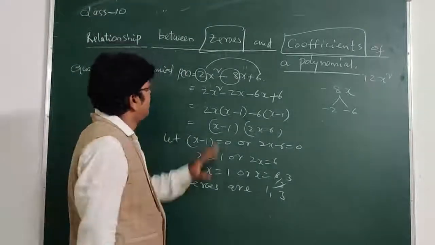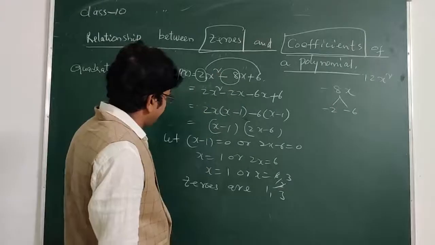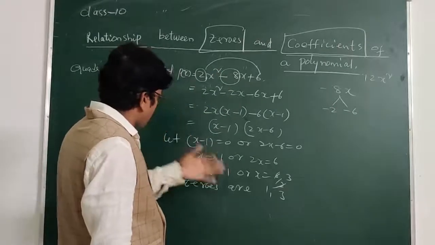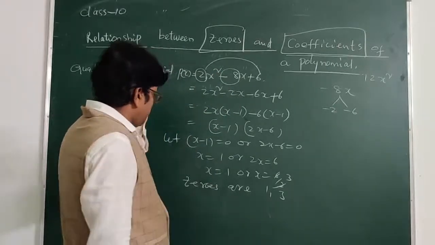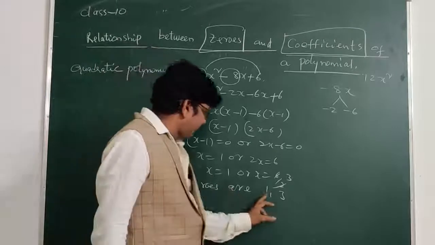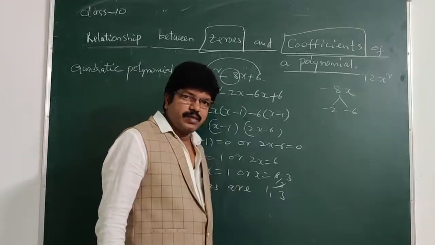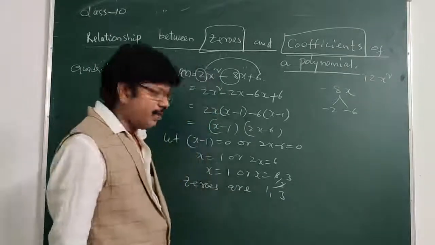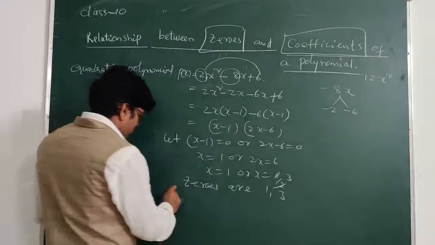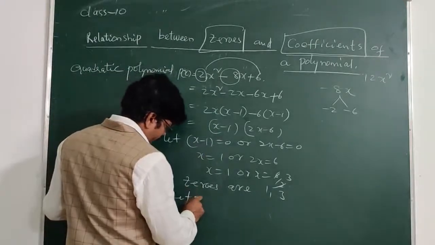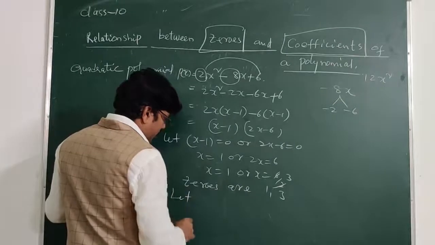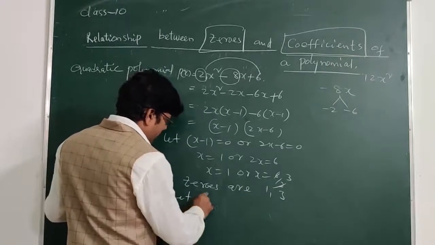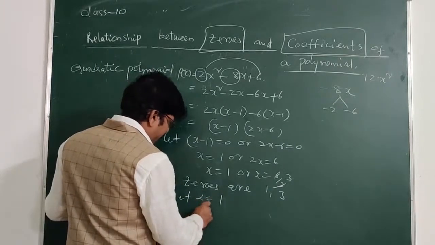Okay. What is the relation between these two, coefficients and zeros? The zeros are the elements. Let alpha equal to 1, beta equal to 3.